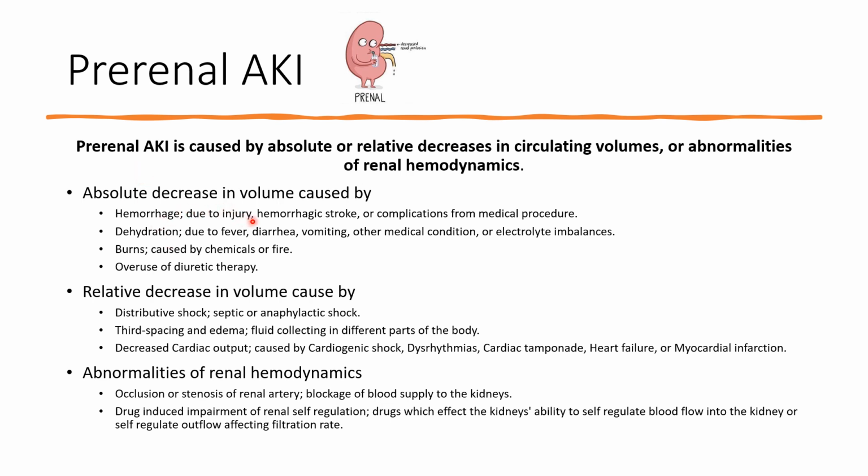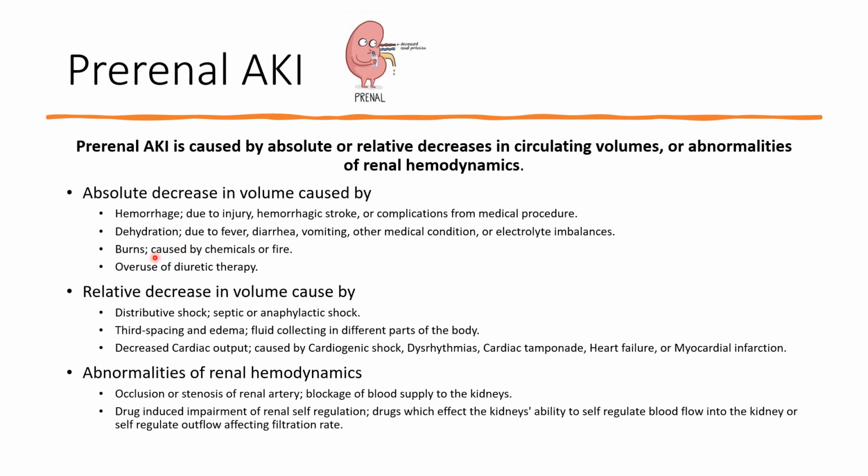This can be due to injury, hemorrhagic stroke, or complications from medical procedures. Dehydration, this can be due to fever, diarrhea, vomiting, other medical conditions, or electrolyte imbalances. Another one is age. So older people have a diminished thirst response and then they don't drink water.